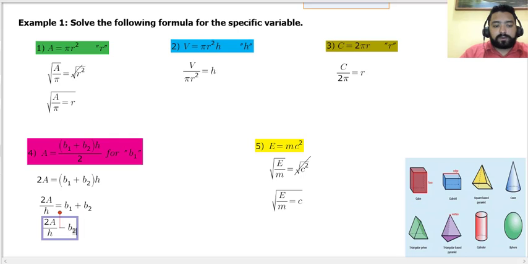Remember, this formula is for a trapezoid, and the trapezoid has two bases, base 1 and base 2, so it's going to be base 1. And we already finished with this exercise.